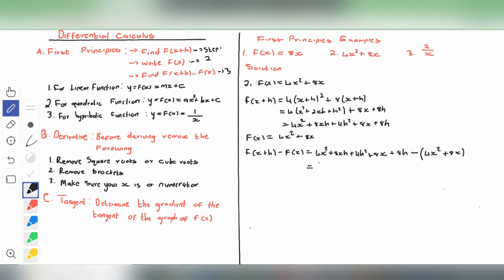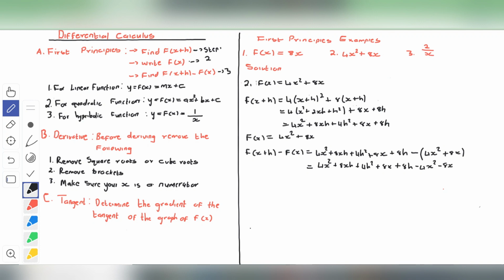Then now we can simplify. You're going to have 4x squared plus 8xh plus 4h squared plus 8x plus 8h. Therefore, multiply everything by negative. We're going to have negative 4x squared negative 8x.